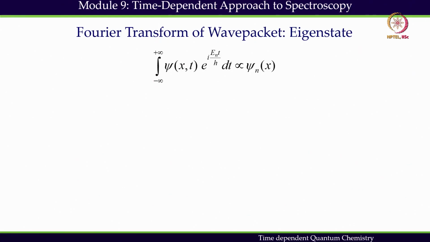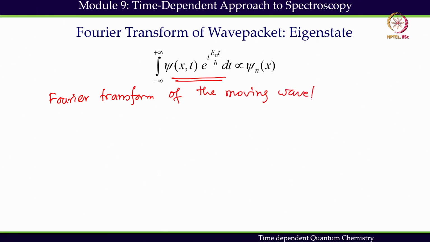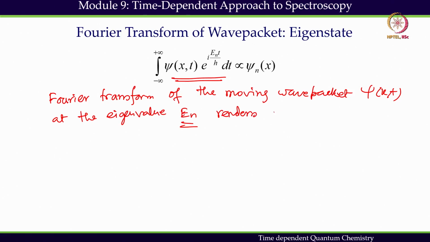So the basic idea is that the meaning of this integration is that the Fourier transform of the moving wave packet, which is psi x t, at the eigenvalue En is actually giving me the eigenstate wave function.